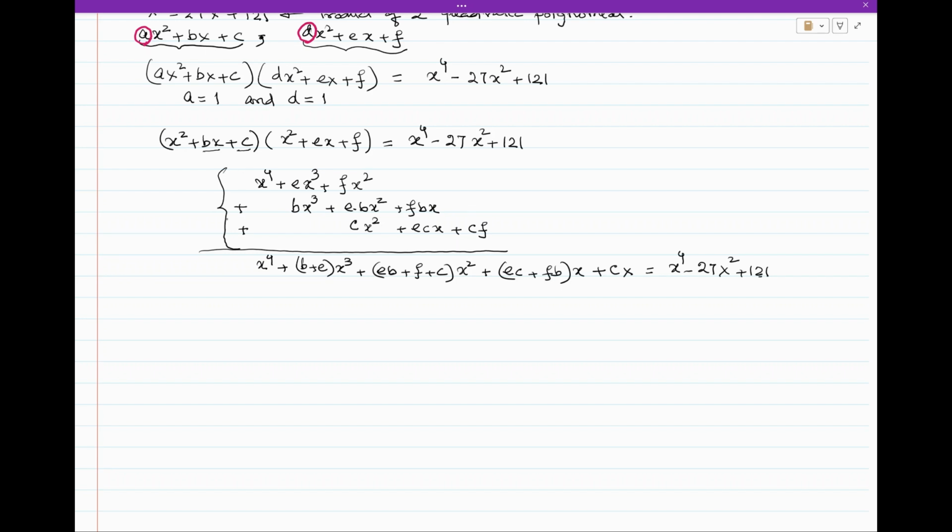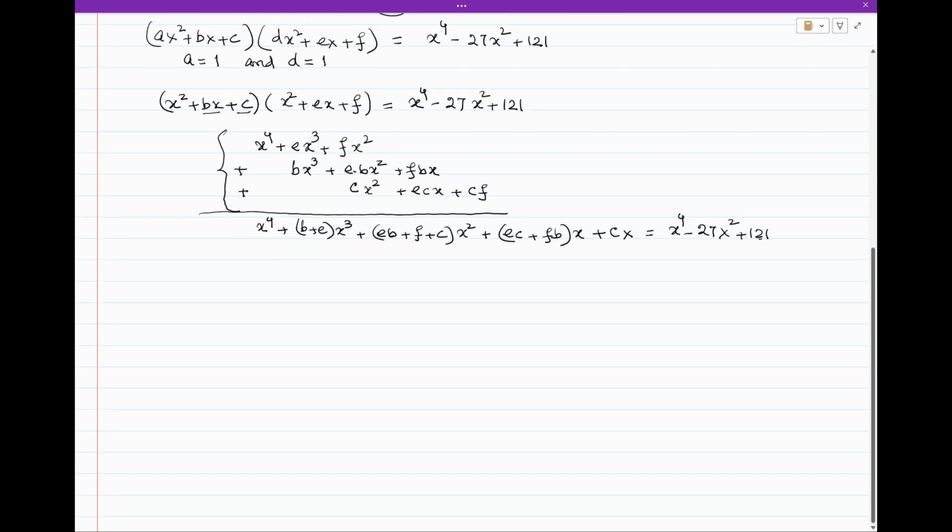While we are doing the multiplication, we have written down the product in a particular way so that the like powers of x are one below the other. That means x4, there is no other x4, so there is nothing on the second and third row. X cubed, there are two such terms one below the other. Similarly, x square, x and the constant term.